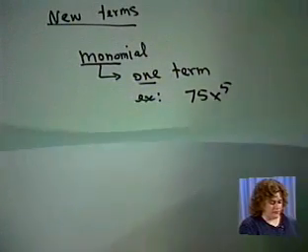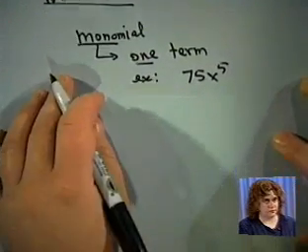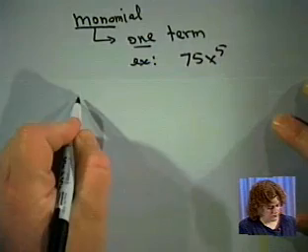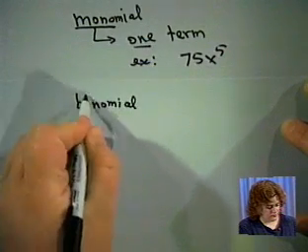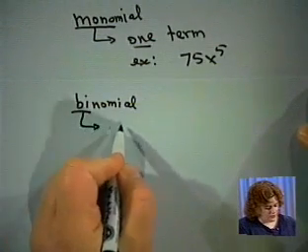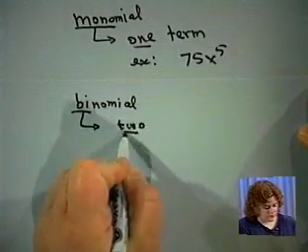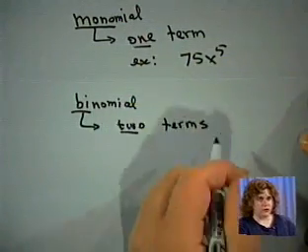If we have a binomial, we can look at the bi and think 2. This is 2 terms, and they are added or subtracted.